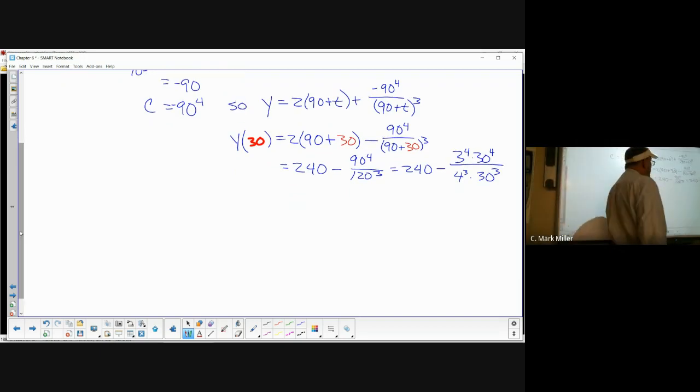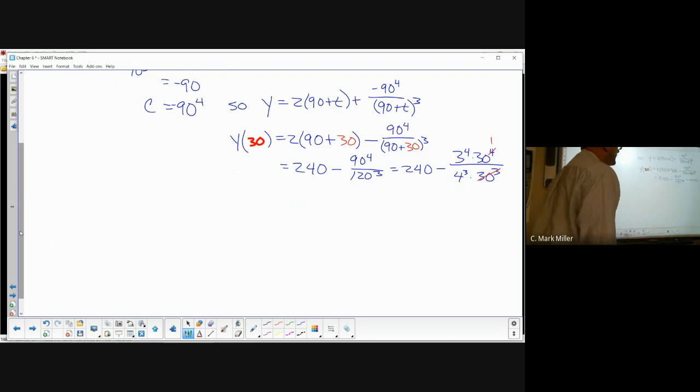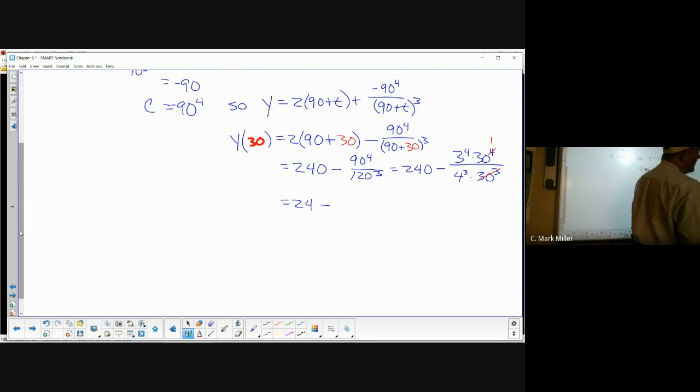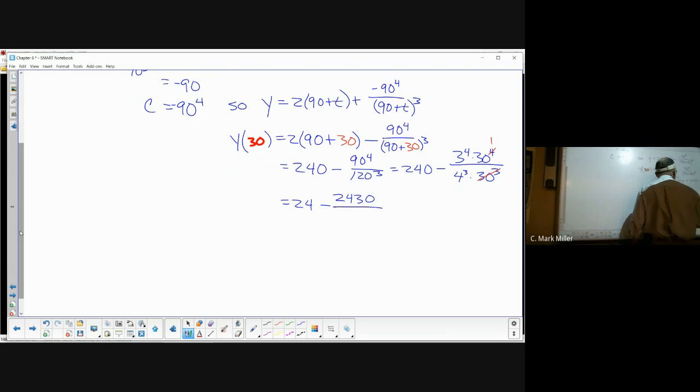So what you're left with here is that cancels with that, leaves a 1. And so that's going to be 240 minus 3 to the 4th, which is 81, right? 81 times 30. 81 times 3 is 243. So this is 2430 divided by 4 cubed, which is 64.